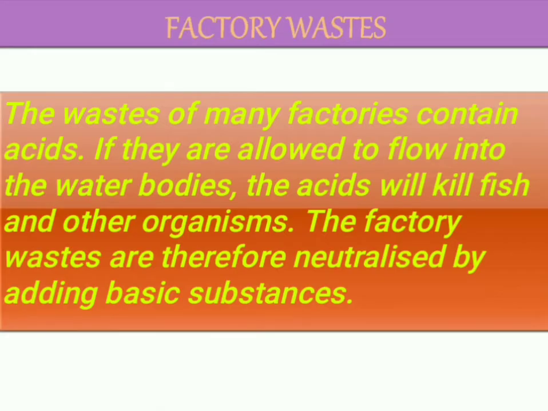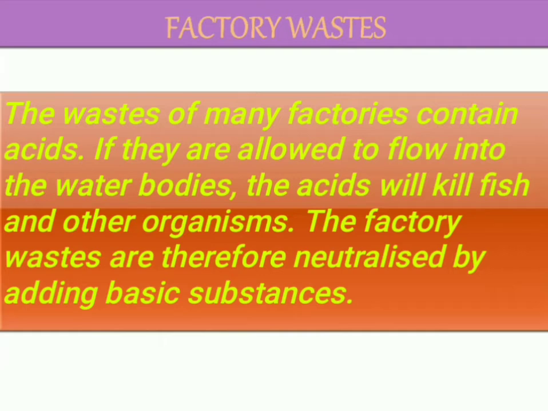Next is factory waste. The waste of many factories contains acids. If they are allowed to flow into the water bodies, the acids will kill fish and other organisms. See, dear students, there are so many factories, and all the waste from the factories is dumped into the sea, into the water bodies, also into the lake, rivers, and all.